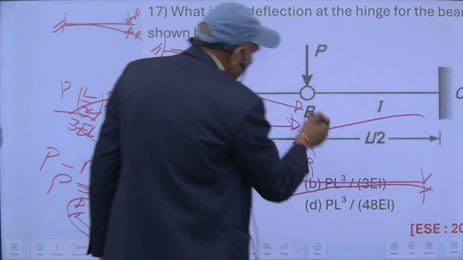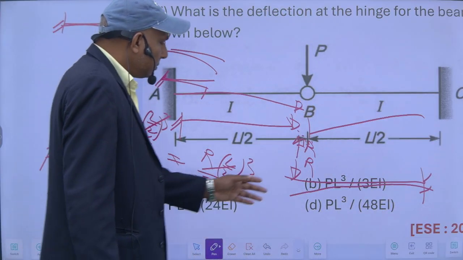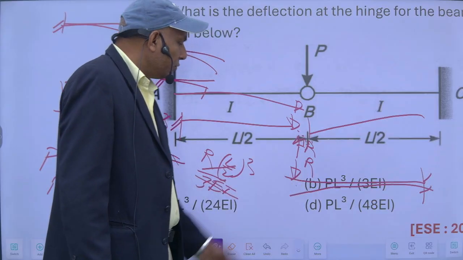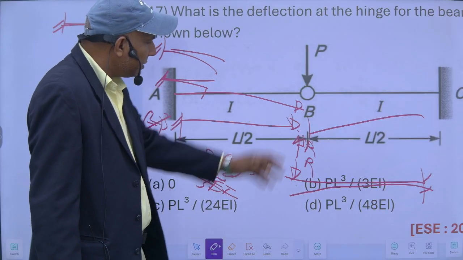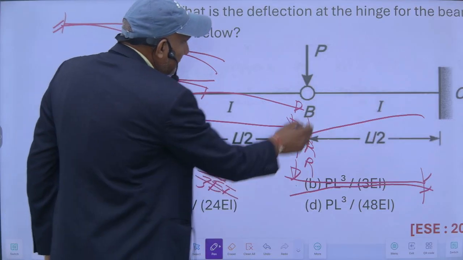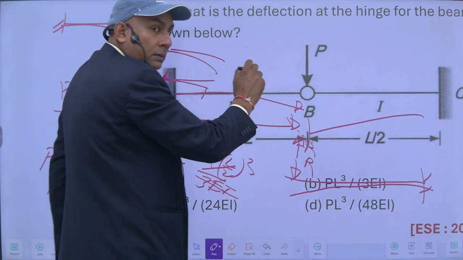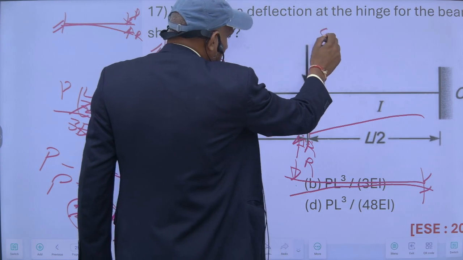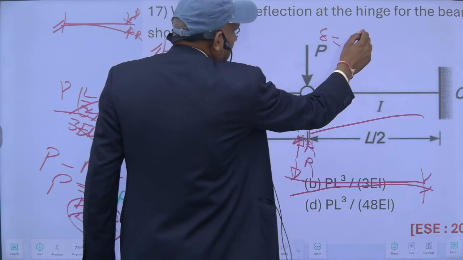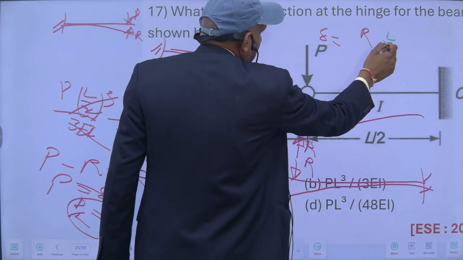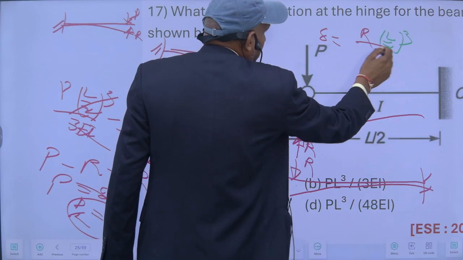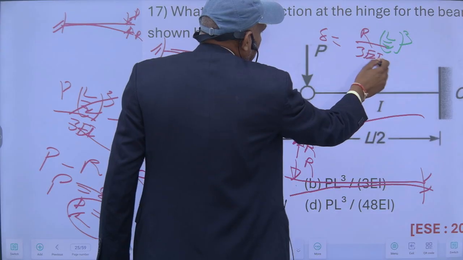This deflection is equal to the net deflection, so the deflection of this cantilever is R into L by 2 cube upon 3EI.